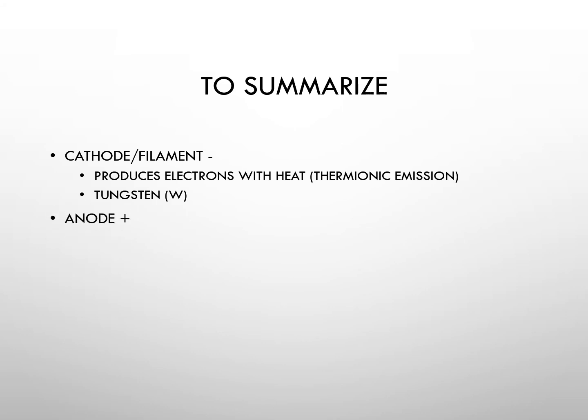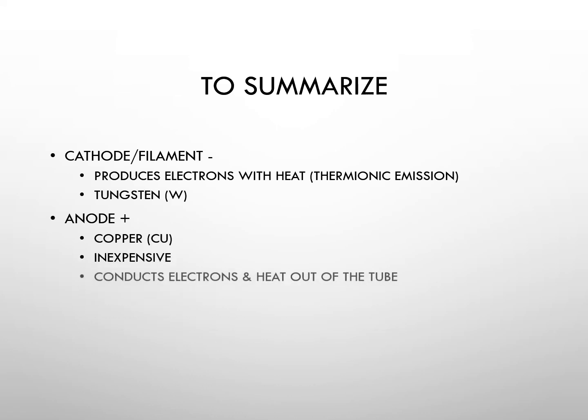The anode has a high voltage electrical charge in the range of 40 to 100,000 volts and causes the electrons to jump the gap between the cathode and anode. Copper is used because it is inexpensive and is a good conductor of heat and electricity.